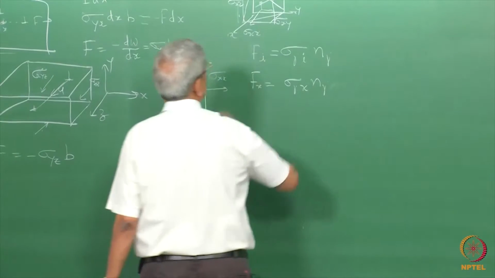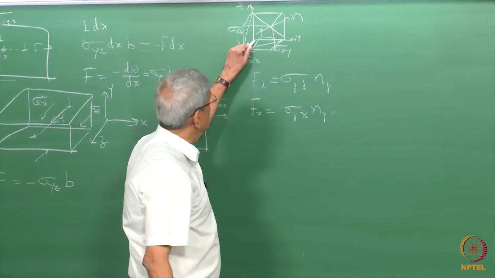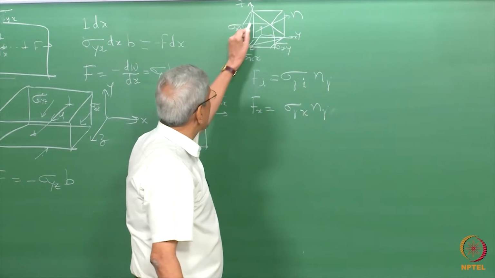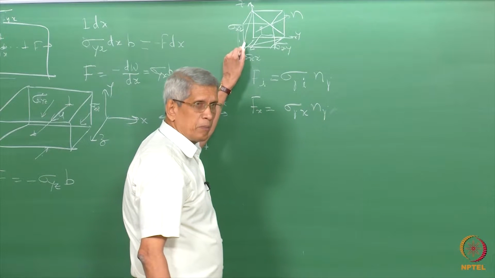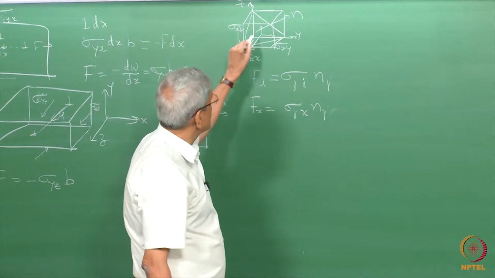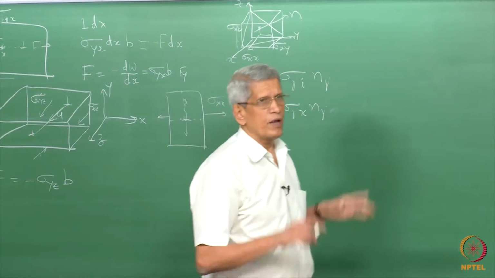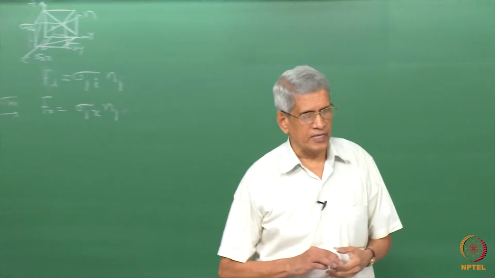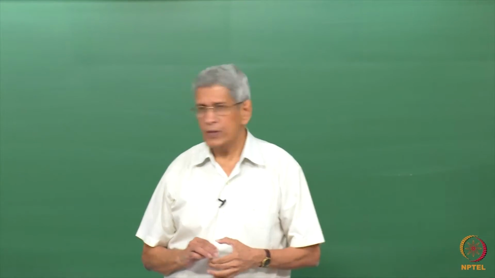Similarly, we can write an expression with respect to the normal of a plane, and we can find out the components of the force acting across this plane in x, y and z direction. We have derived that formula. I am not going into that detail.